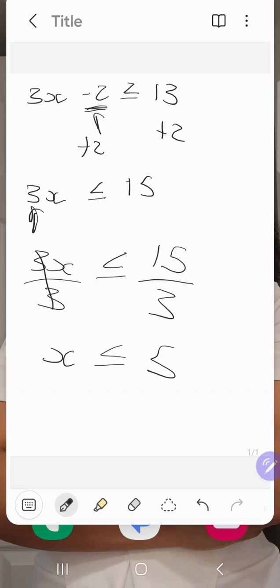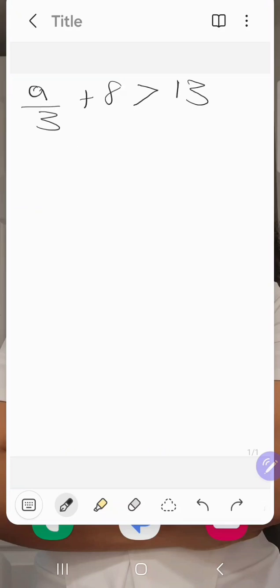Another important thing to consider when doing these problems is if you multiply or divide by a negative number, you flip the sign. In this case, we did not divide by a negative number, so the sign remains the same.